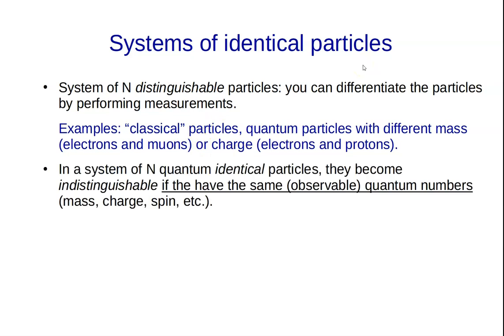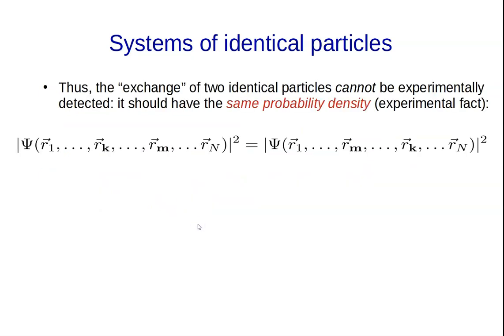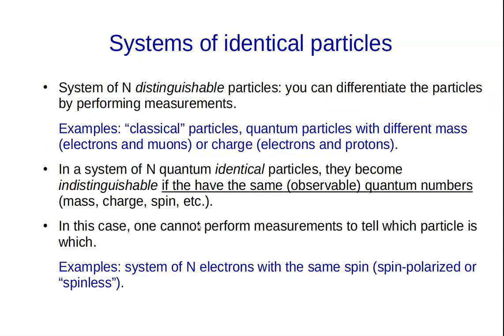But it is more interesting if you have a system of n identical particles where they have the same observable quantum numbers. They're indistinguishable. They might have the same mass, the same charge, same spin. And in this case, you cannot tell which one is which.